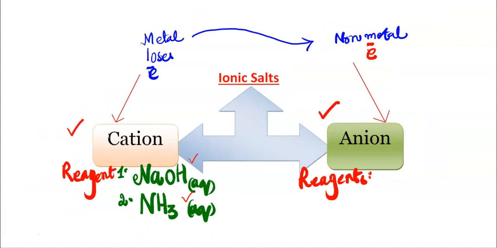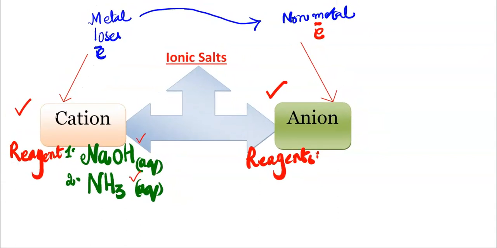Let me explain it more clearly. Although you don't have to learn it, you don't have to memorize it, it is very simple. First of all, you need to know what kind of anions are in the syllabus.